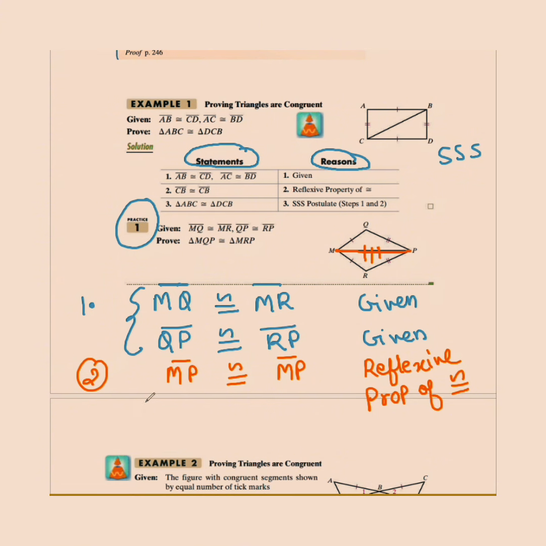So now we have three sides that we proved are congruent to each other. So then from the SSS postulate or theorem, you can say that triangle ABC is congruent to triangle DCB.